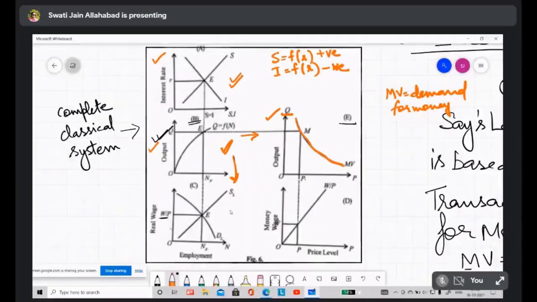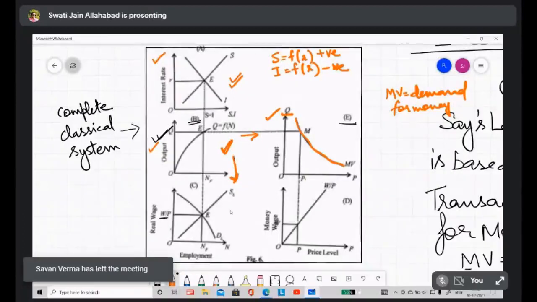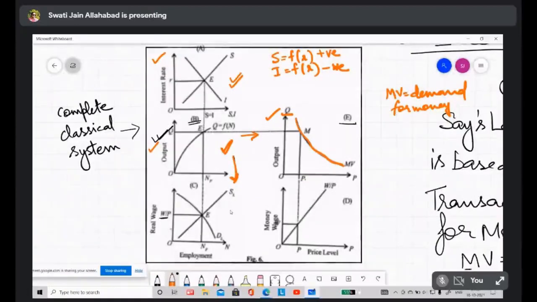And this is very obvious because we know that higher the quantity, lower will be the price, and lower the quantity, higher will be the price. So that is explained through this MV. So MV curve indicates the demand for money, but it is playing a passive role in the classical system.